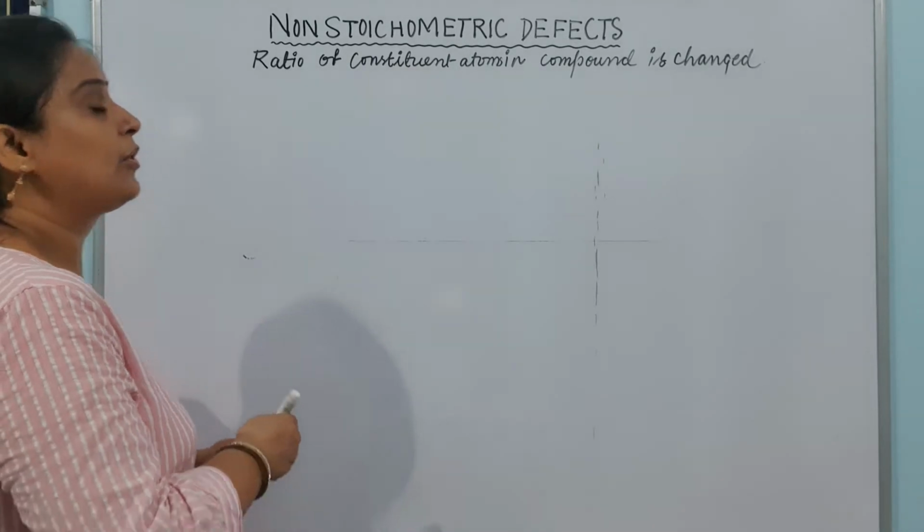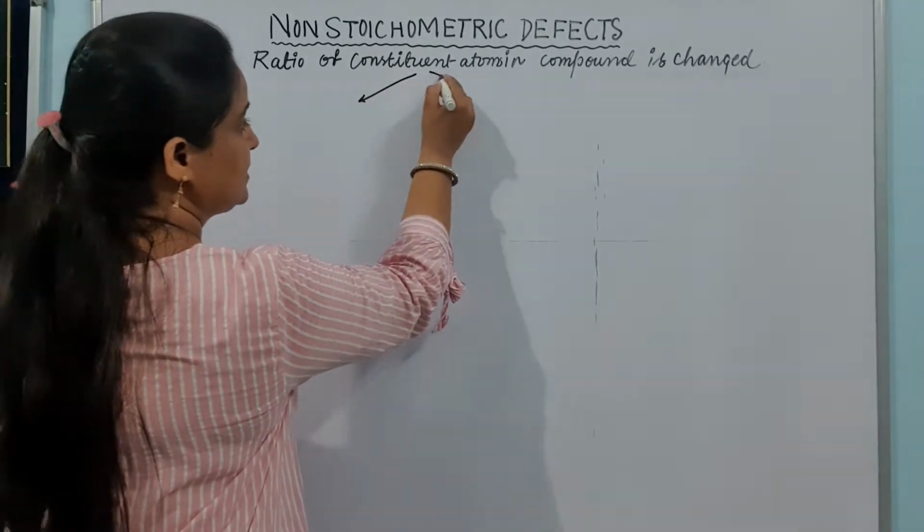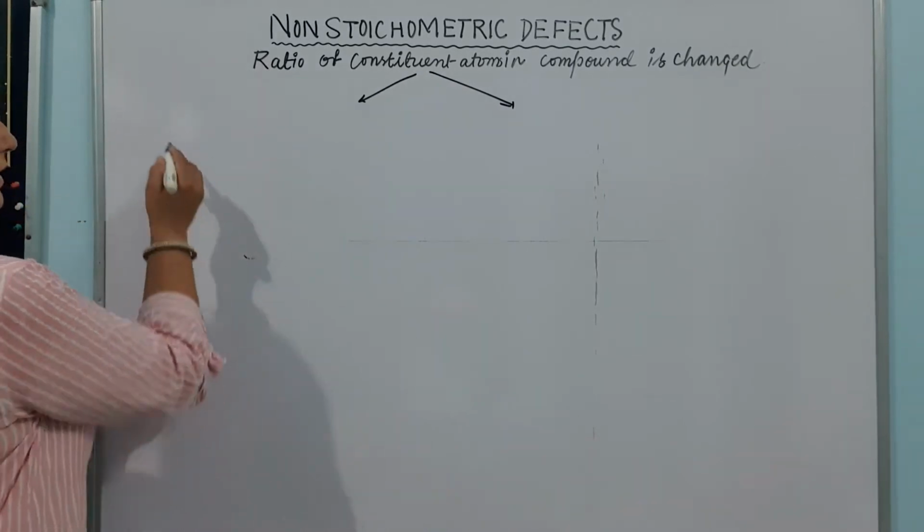First of all, let's see how they are categorized. We have categorized these non-stoichiometric defects into two categories.